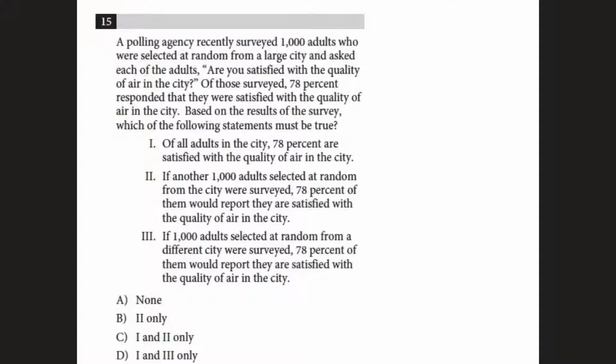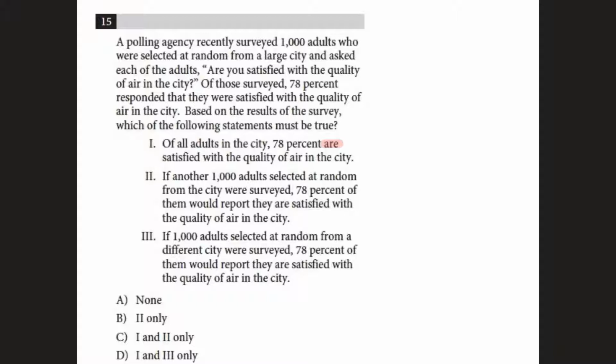Okay, so let's take a look at our answers. Number 1, of all adults in the city, 78% are satisfied with the quality of air in the city. Well, I think the key here is "are." Okay, that's a strong statement.